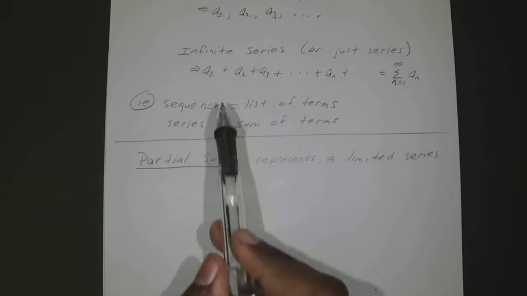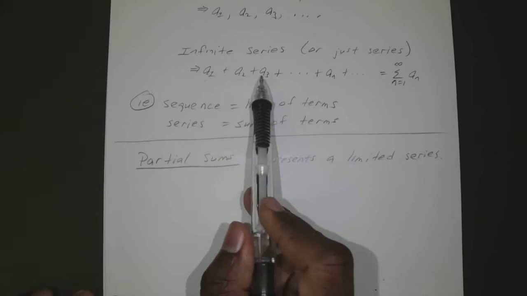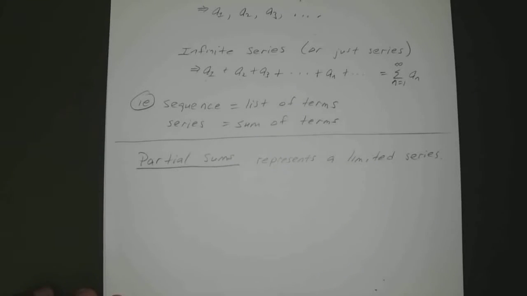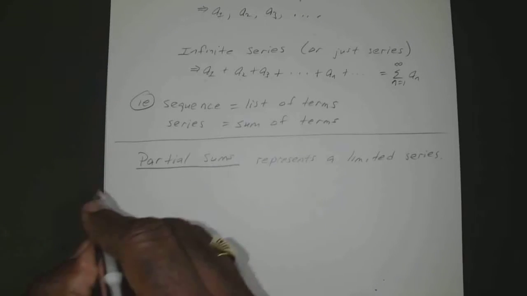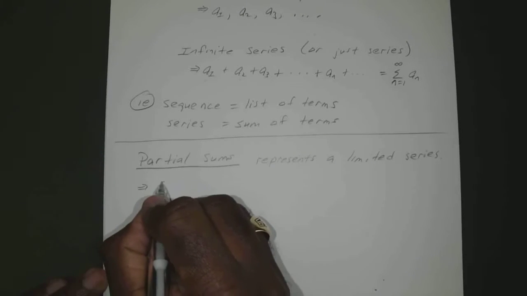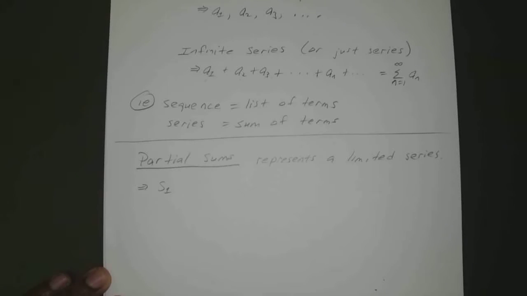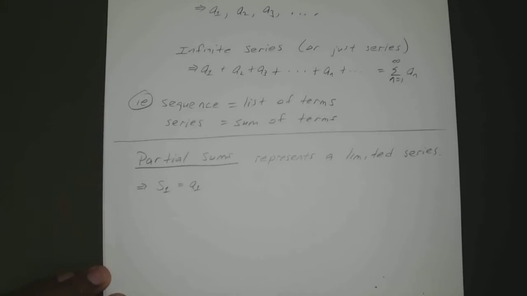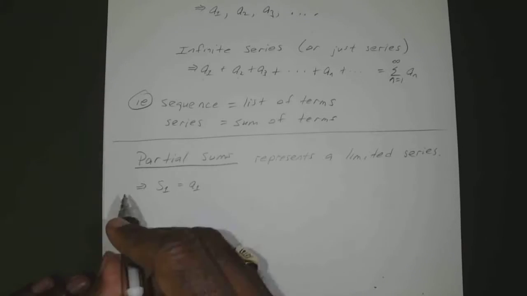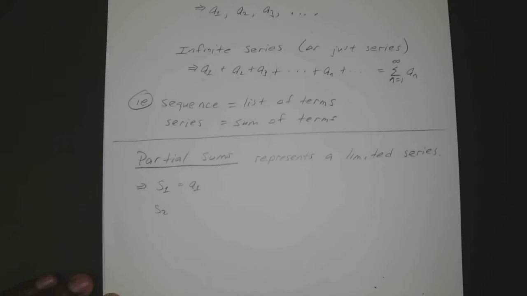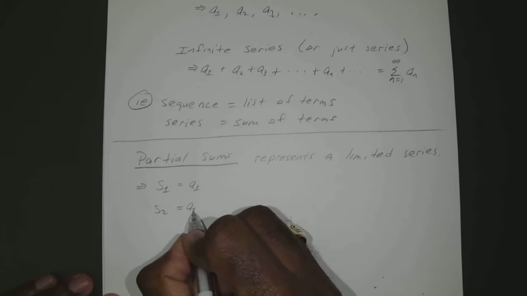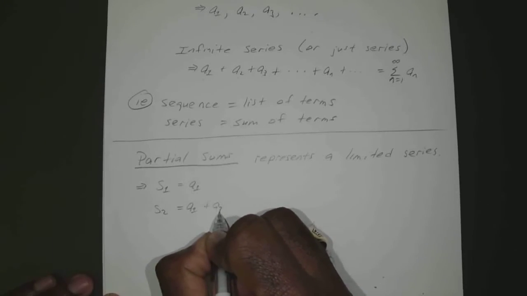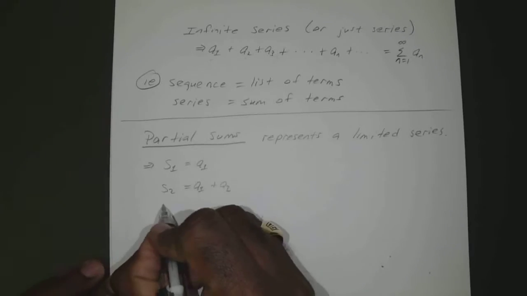Okay, so we know for our series, it's just say term 1, term 2, plus term 3, and so forth and so on and so on. For an infinite series, if you have the first term, that's S sub 1. If you have your second partial sum, that's the first term plus the second term. And then so forth.